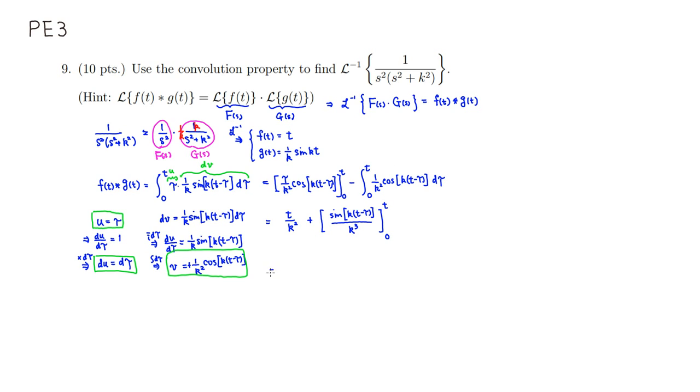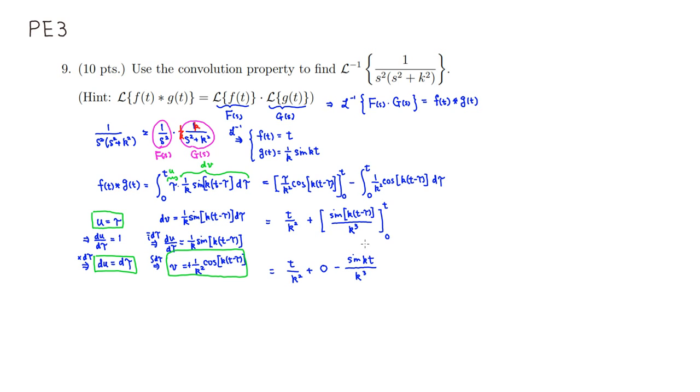This equals t over k squared plus: if you plug in t, sine of 0 is 0; minus, if you plug in 0, you get sine of kt over k cubed.